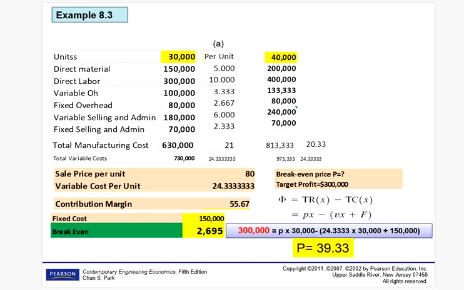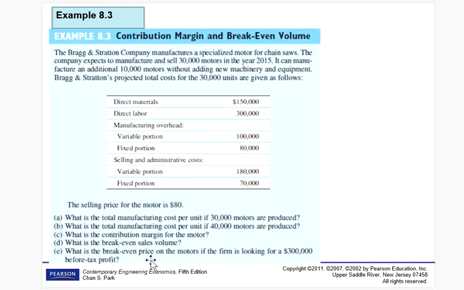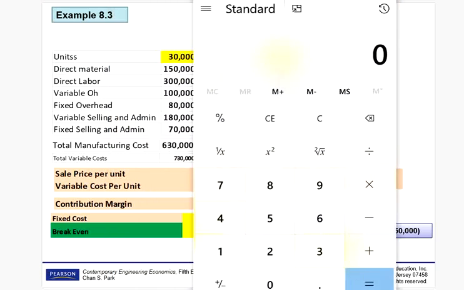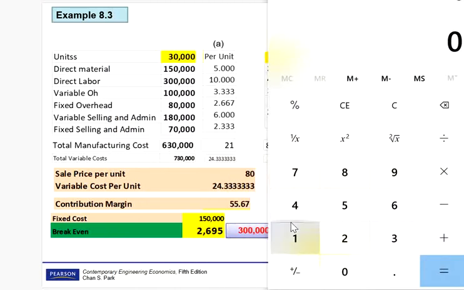So just check this one, right? What is a break even sales volume? If you don't know, let me show you how to calculate. We know already what F is, 150,000 divided by P minus V, which is 55.67.